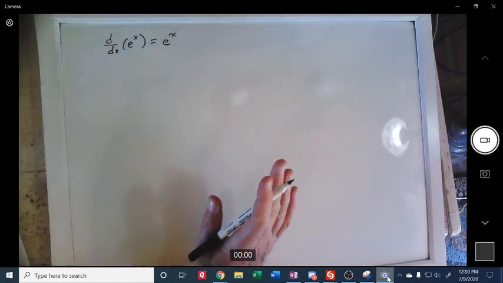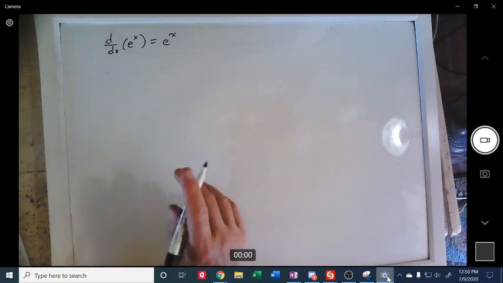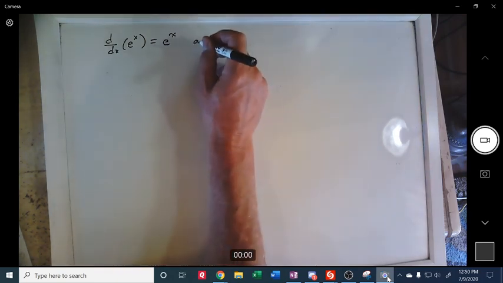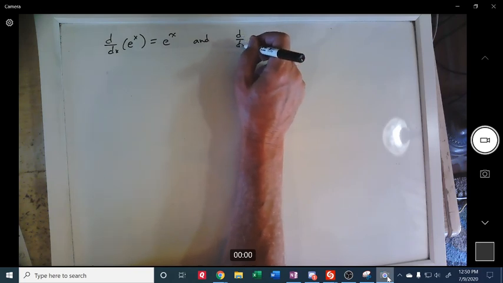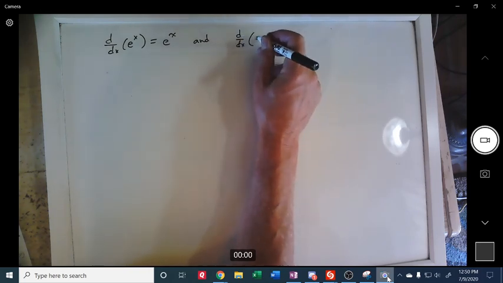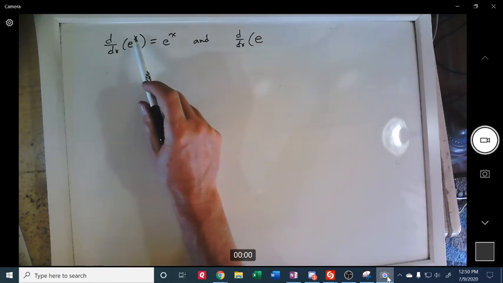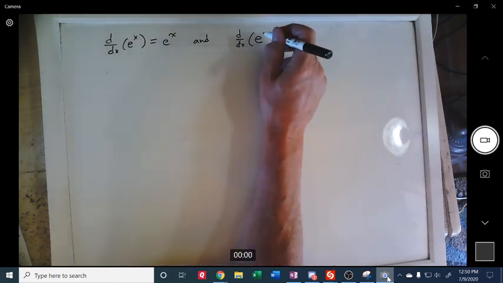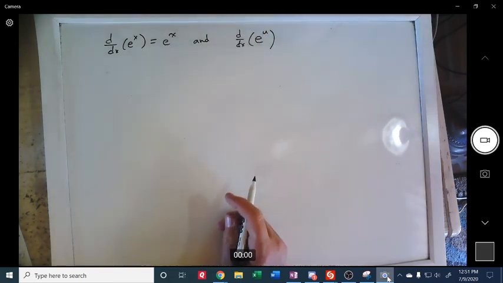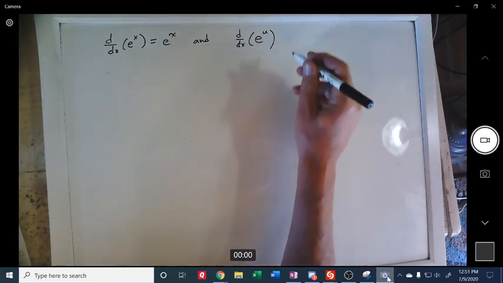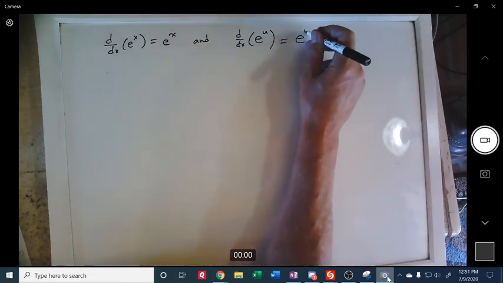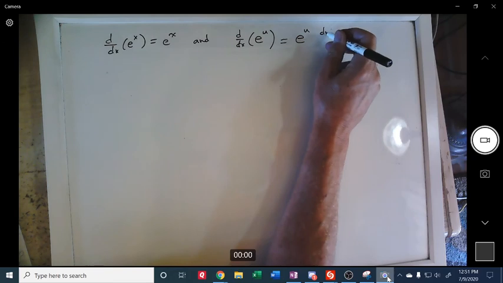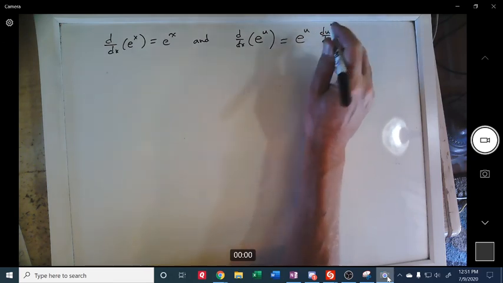That's great. And the derivative, if it was more complicated, if the upper function was a function of x, e to the u, we're still okay with that, because we would just get e to the u again times du dx. Chain rule.